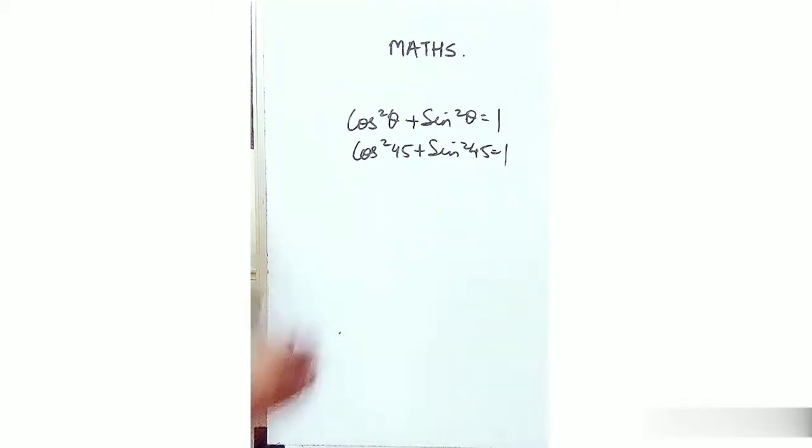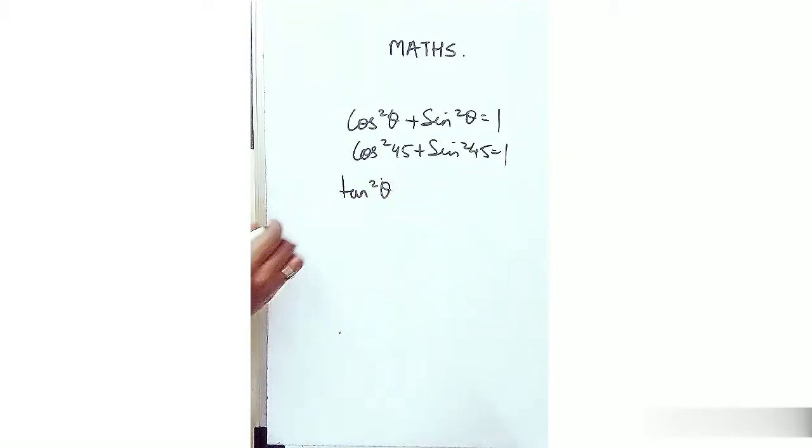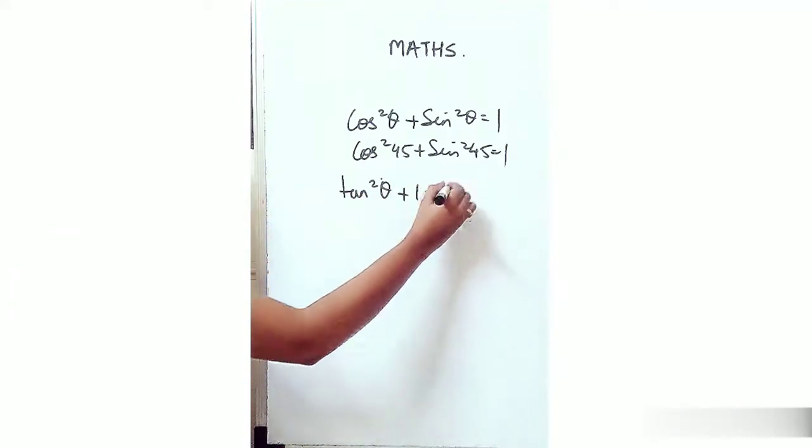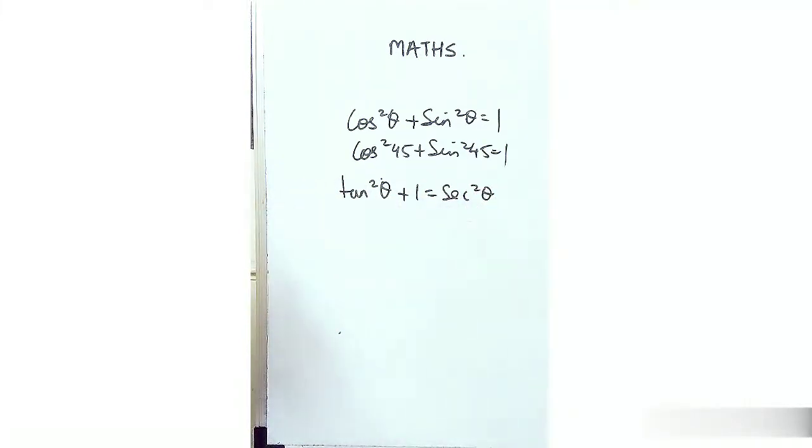Now the second thing is that tan square theta plus 1 is equal to sec square theta. Now this part you are going to deal with in 10th standard. This identity we are going to deal with in 10th standard for the ICSE board. Now this is very simple, student. Now we'll move to the next identity.